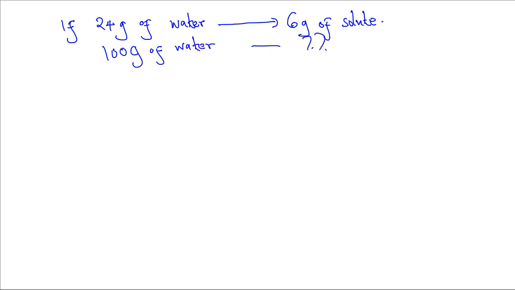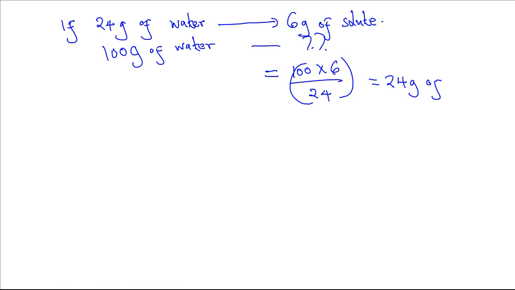Remember, density is mass over volume, meaning mass is density of water times the volume. So that is 100 times 6 over 24, and that gives 25 grams of solute that dissolves in 100 cubic centimeters of water.